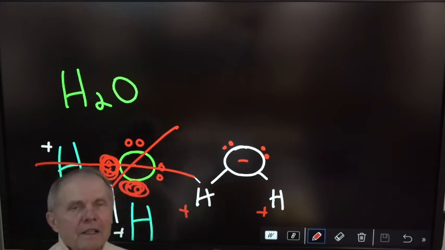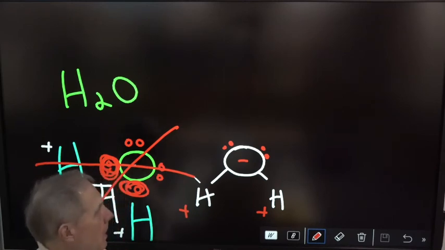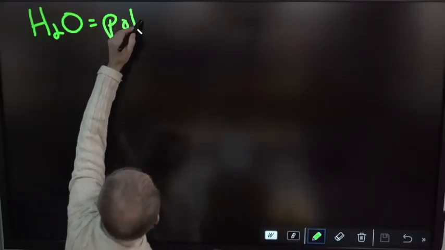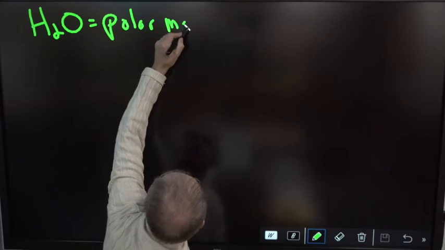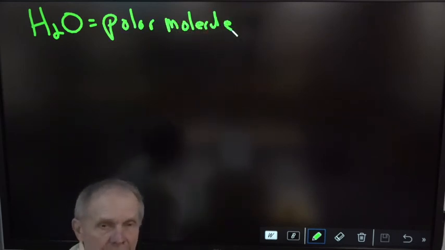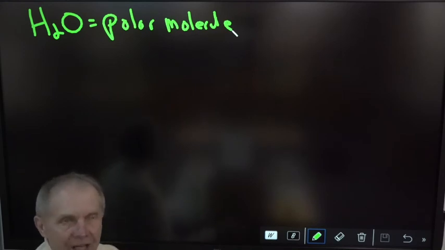That means water is a polar molecule. Okay? All right, so that one's done. So we know this. H2O equals polar molecule. The next one we're going to go over is HCl.